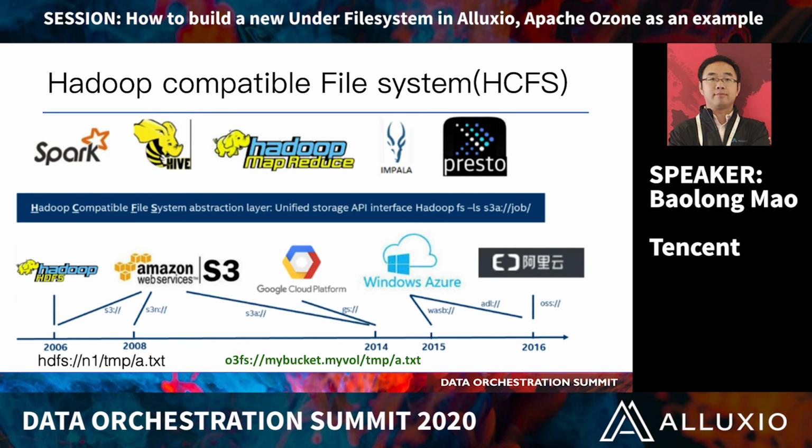The HCFS framework can find the related file system implementation through the scheme. Actually, HCFS has become a standard API of the Hadoop ecosystem. For example, the file system of hdfs is the distributed file system. The file system of o3fs is the Ozone file system.